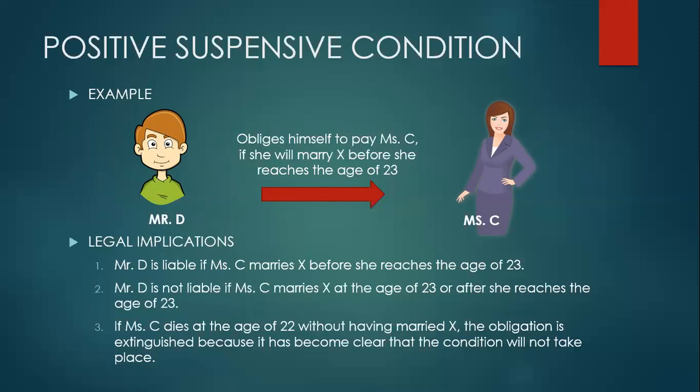So if she dies at the age of 22 without having married X, then the obligation can no longer be performed, or the obligation is already extinguished because the condition can no longer be complied with.